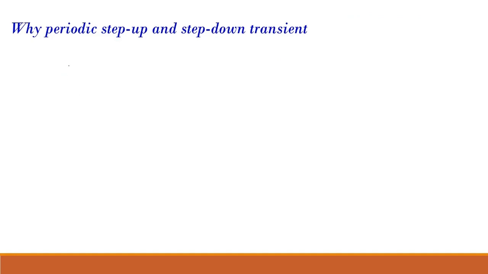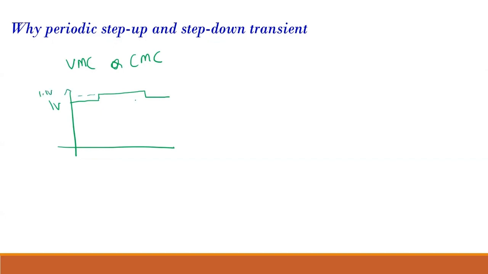We are doing voltage mode control or current mode control. We have our output voltage, say around 1 volt. Now, if we apply a reference transient, the reference is changing, so it corresponds to 1.1 volt. What will happen over here? The output voltage will go like this.